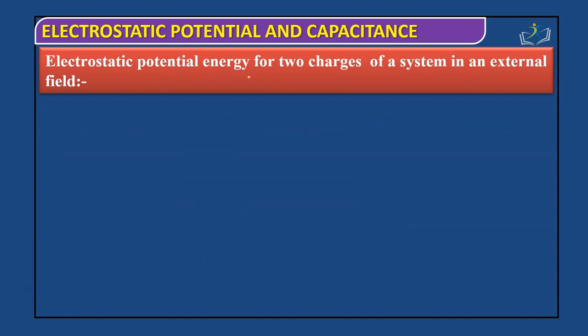So this potential energy has some kind of nature. Electrostatic potential energy for two charges, as we saw in the first one, takes two charges of a system in an external field. What will be the behavior of the potential energy? Let us see here. This is a particular axis, which we call a geometrical axis.